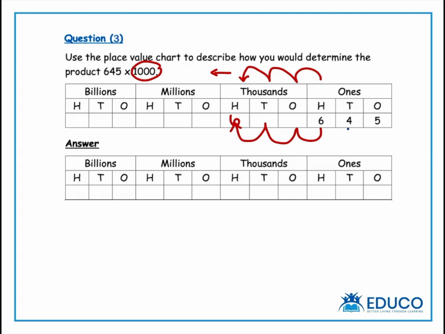Next, I'm going to move my 4, 1, 2, 3 places to the left. That's going to end up right here in the thousands column. And finally, I'm going to move my 5, 1, 2, 3 places to the left, and that's going to end up in the ones.